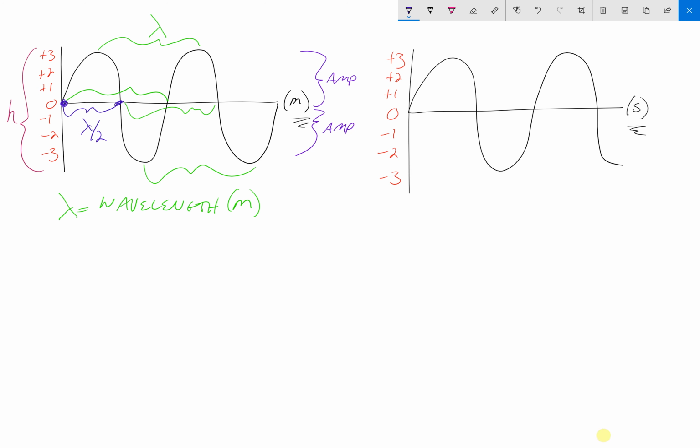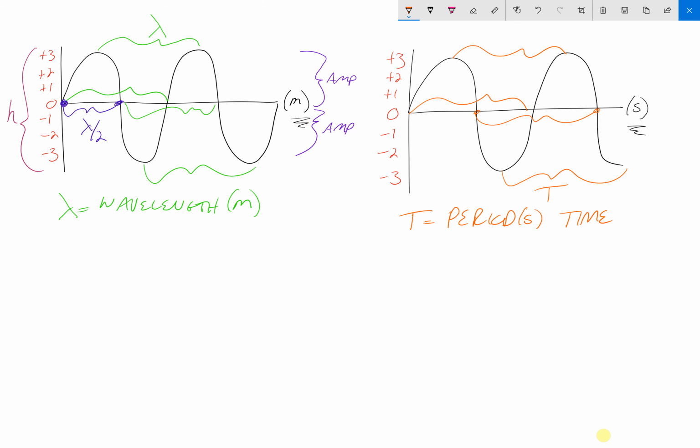On the other graph, wherever the wave starts to repeat itself, again, is one full wave, the time it takes to make one full oscillation. So that could be equilibrium to equilibrium, crest to crest, trough to trough, wherever the wave starts to repeat itself. This is T. T is the period. We've seen this before when we did circular motion. So T stands for period, measured in seconds.